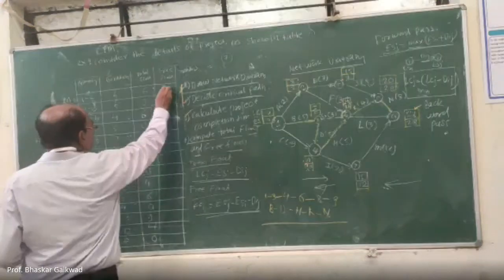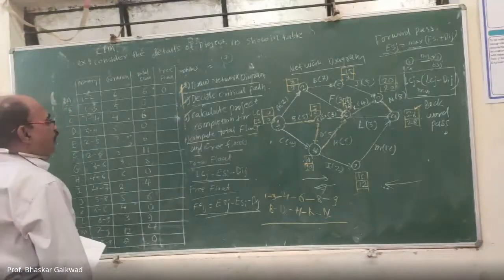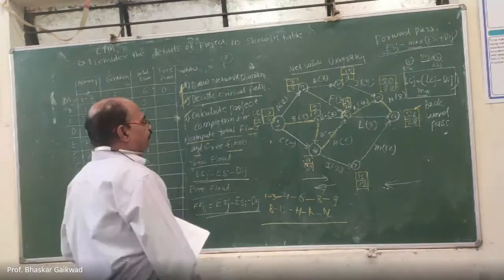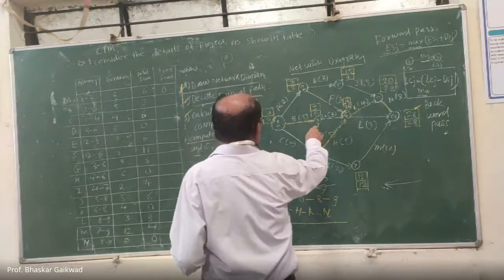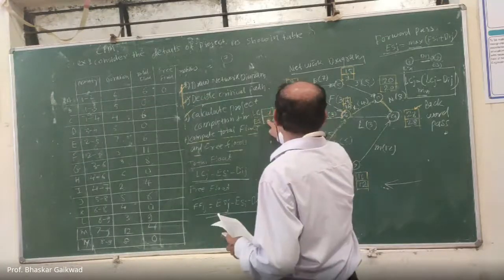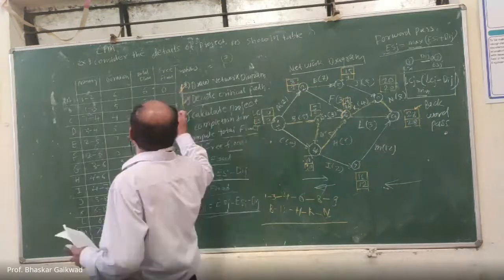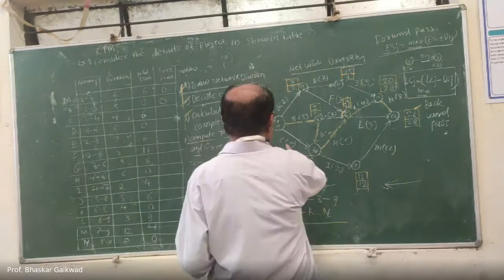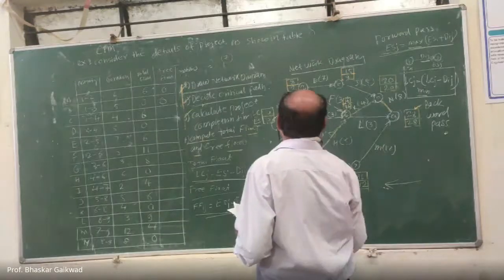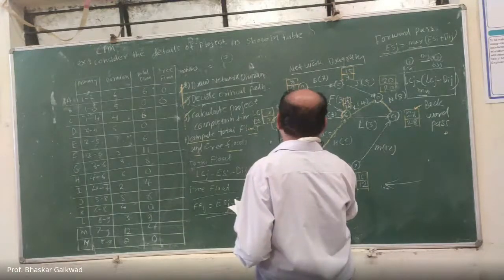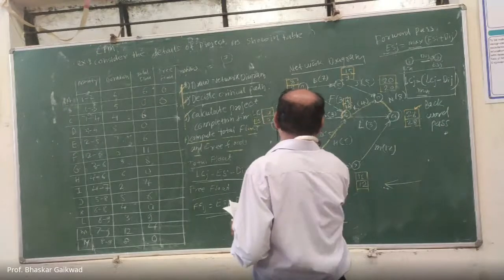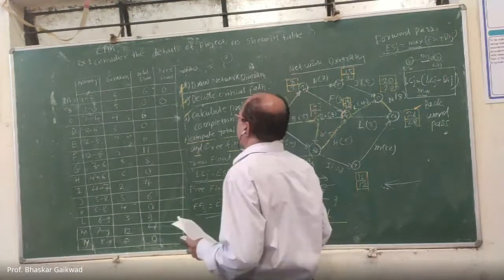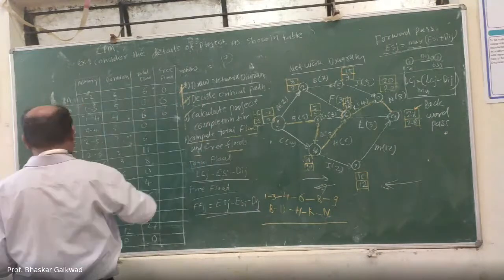So here you can write 0. 1 to 3. So 5 minus 0 minus 5. This is the 0. Then 1 to 4. 10 minus 0 minus 4. Almost 6. So here you can write 6.